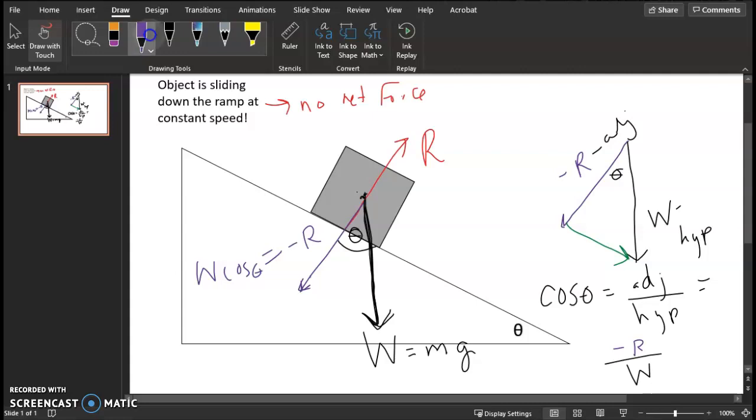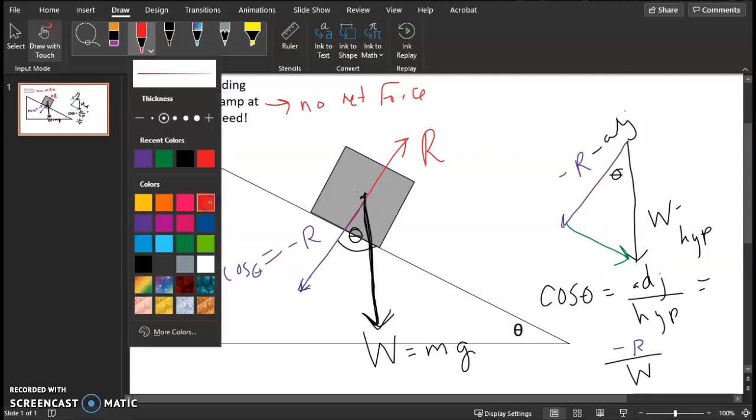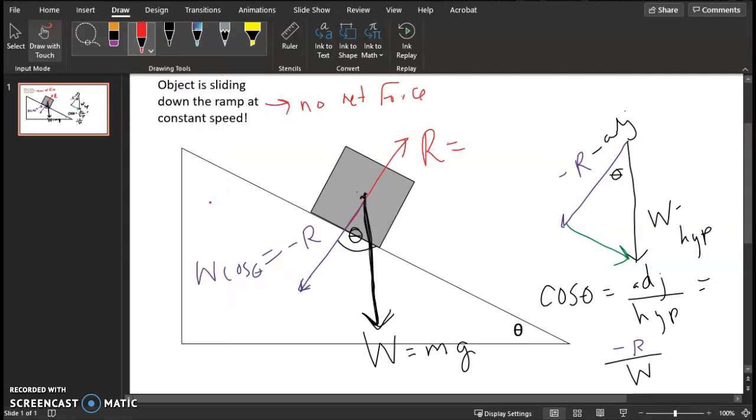That means the normal force has the exact same magnitude, just opposite direction. It's also W cosine theta, or mg cosine theta. So on a ramp, the normal force acting on the object is a small component of the weight. It is mg cosine theta.